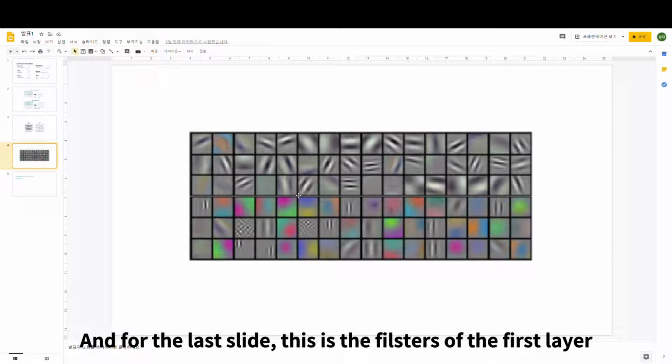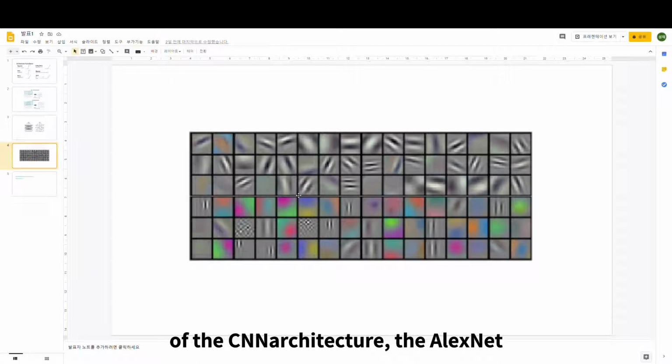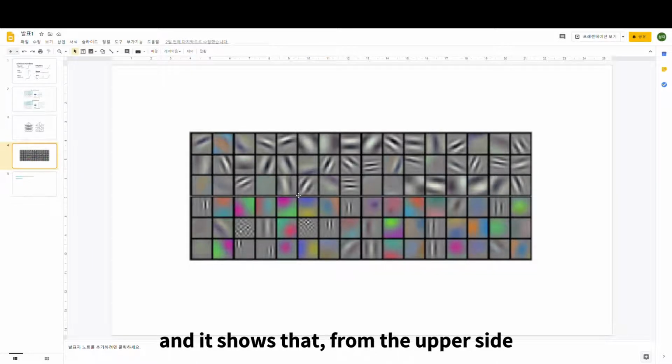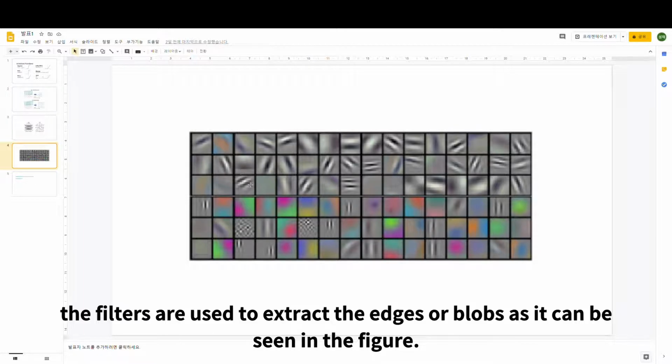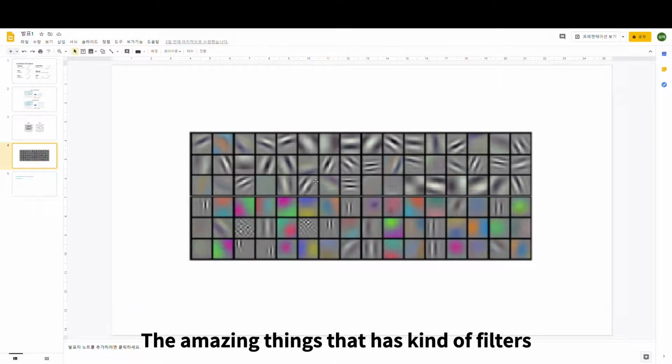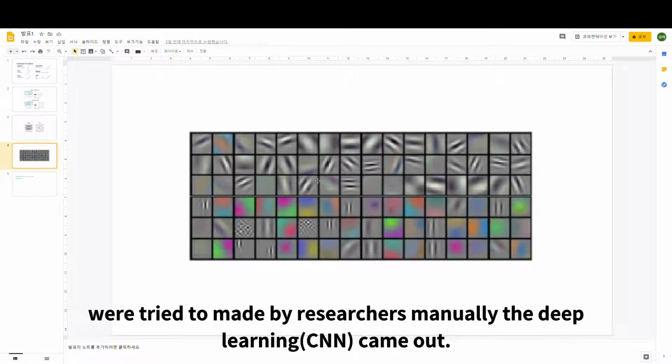And for the last slide, these are the filters on the first layer of the CNN architecture, AlexNet. It shows from the upper side that the filters are used to extract edges or blobs, as can be seen in this figure. The amazing thing is that researchers tried to make this kind of filter manually before deep learning came out.